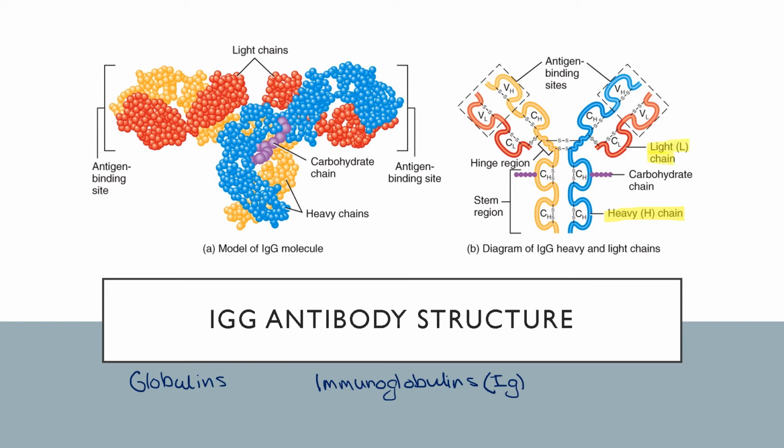So we have a red light chain on either side of this immunoglobulin. Now the top of the Y of the antibody, this is the antigen binding site. This is also known as the variable region.